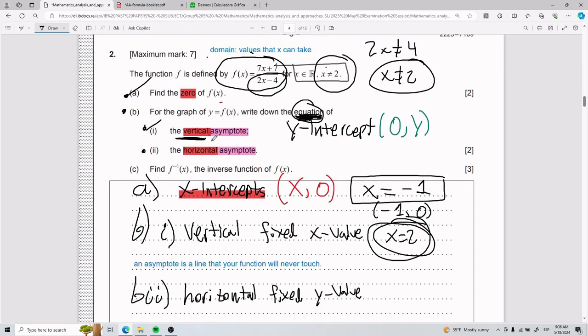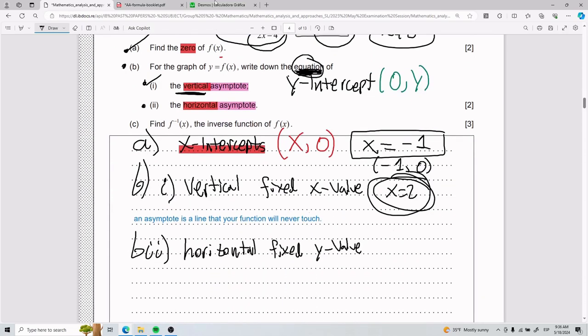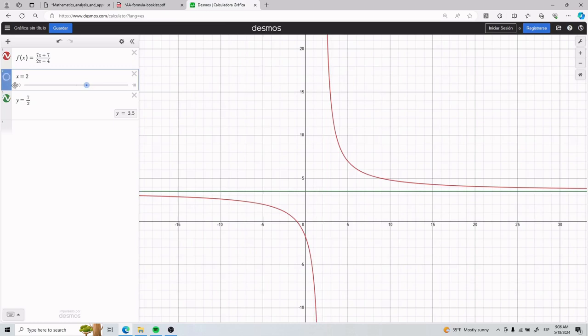For the vertical asymptote, it's usually friendly because it has to do with, you can't divide by 0, or it's a square root, so it has to be greater than or equal to 0. It's usually a nicer approach. For the horizontal asymptote, we have to find the equation of this green line.